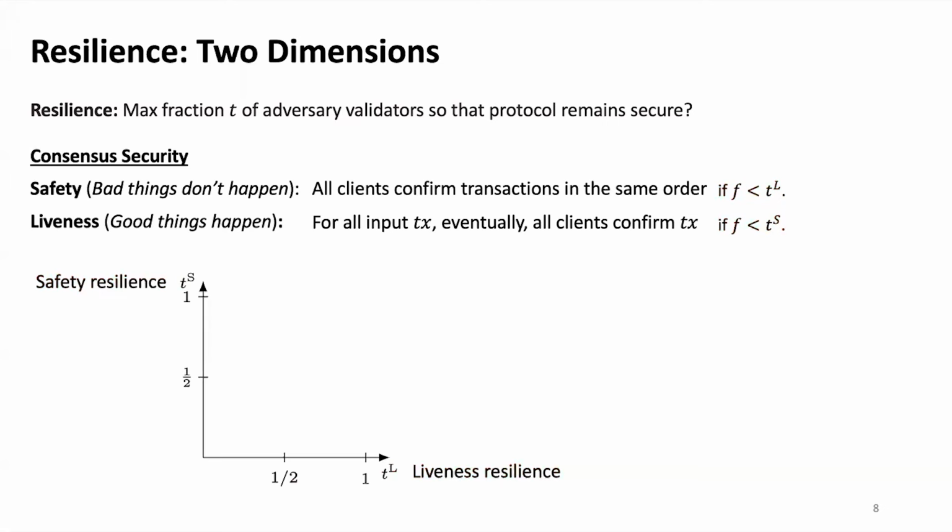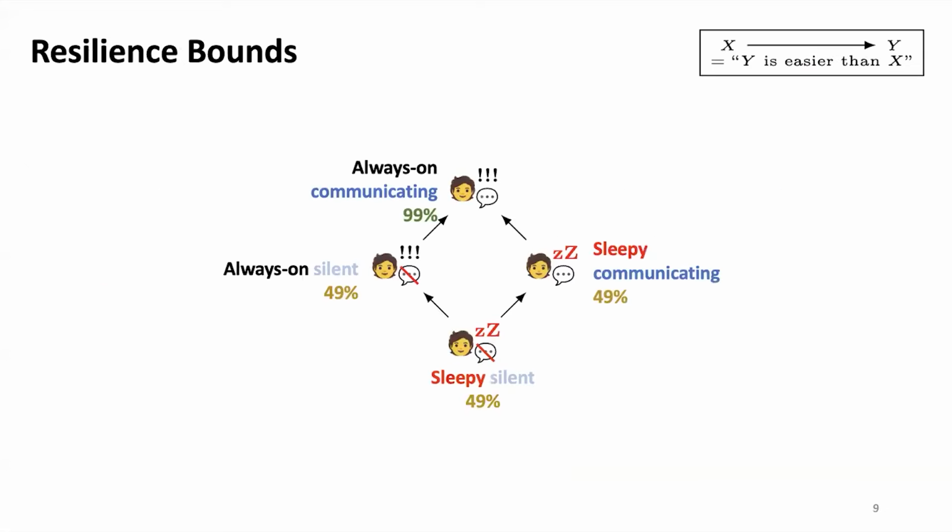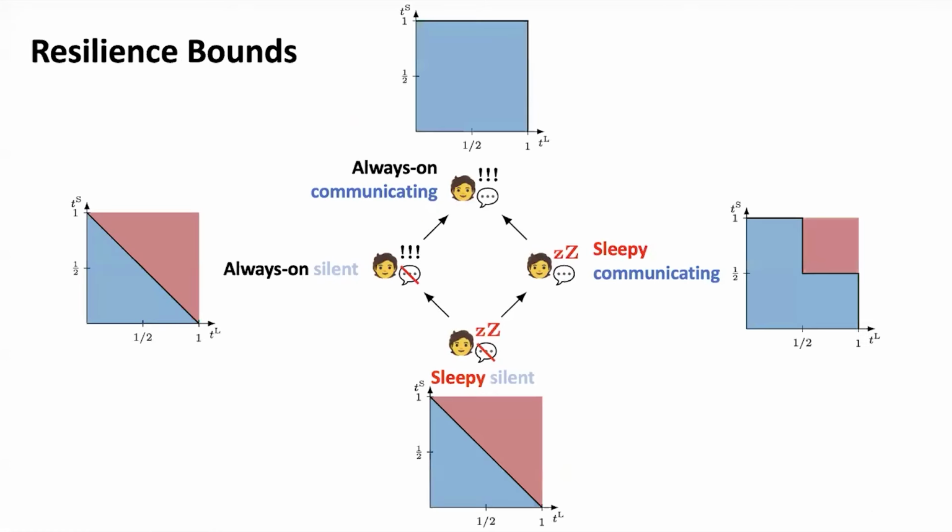Okay, now we get a 2D kind of region, and we can ask, what pairs of safety and liveness resiliences are achievable in each of these client models? And now if we go back to this characterization of the resiliences, we see that once we do this decomposition, something interesting happens.